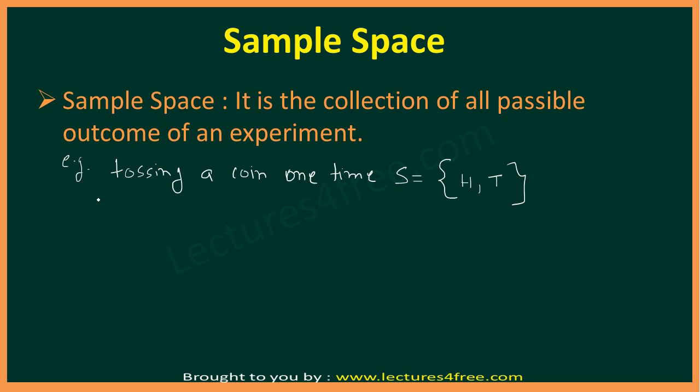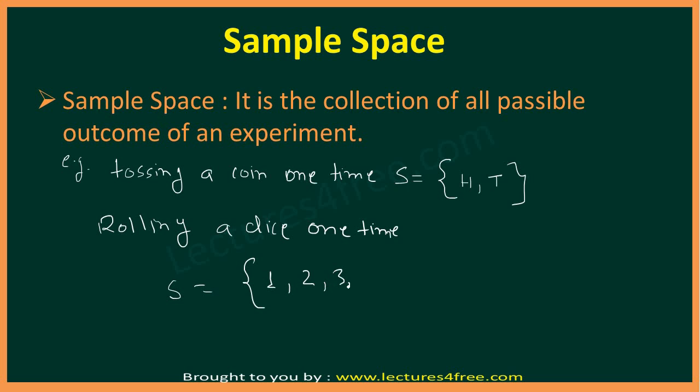Similarly, if your experiment is rolling a dice one time, then our sample space will be all possible outcomes. Means if you are rolling a dice, then our outcome may be one, two, three, four, five, or six.